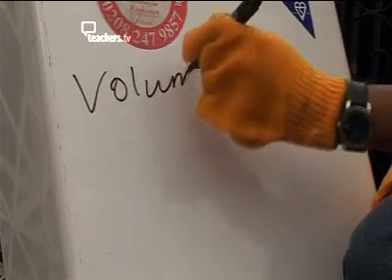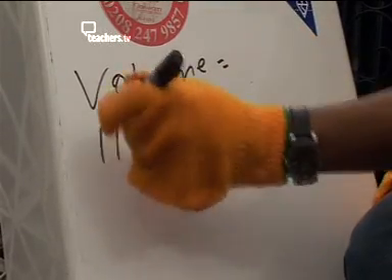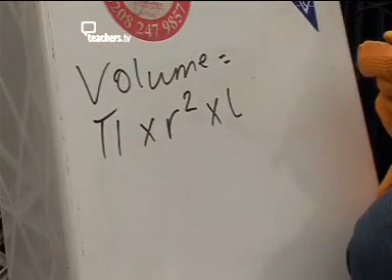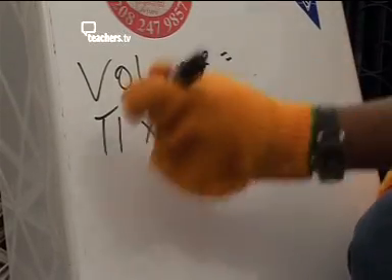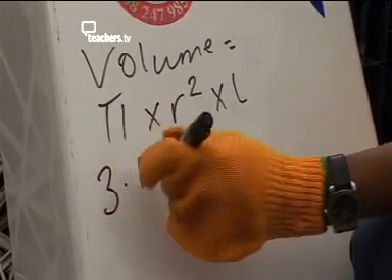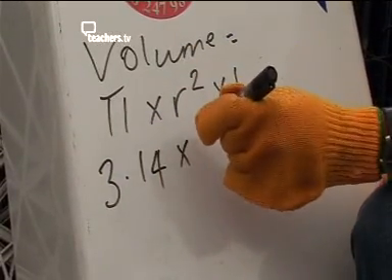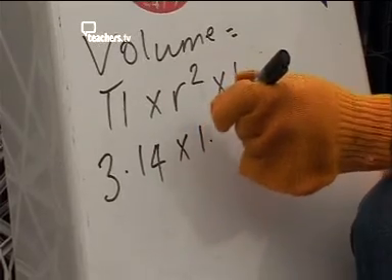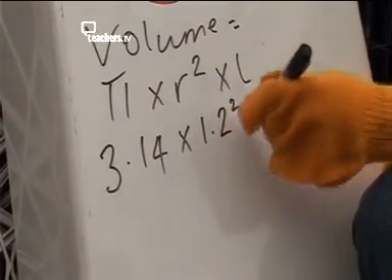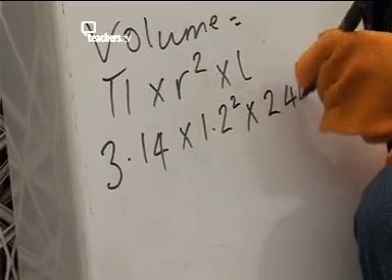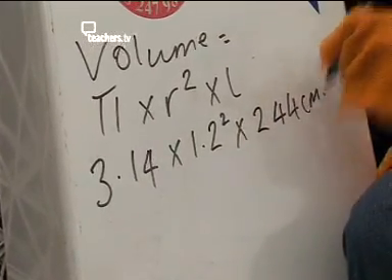The volume is equal to pi times the radius squared, and that's the area of the end multiplied by its length. That is 3.14 multiplied by half of the diameter, which is 1.2 squared, times the length, which is 244 centimetres.